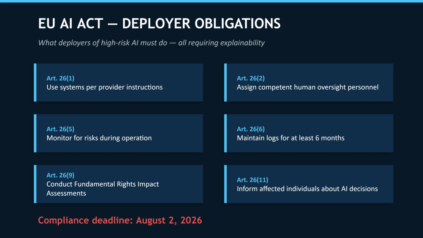You need to monitor for risks, keep logs for 6 months, conduct fundamental rights impact assessments, and inform affected individuals about AI-driven decisions. So the compliance deadline is August 2nd, 2026, give or take. So that's roughly around 4 months away. And all of this depends on the quality of information your AI vendor gives you.